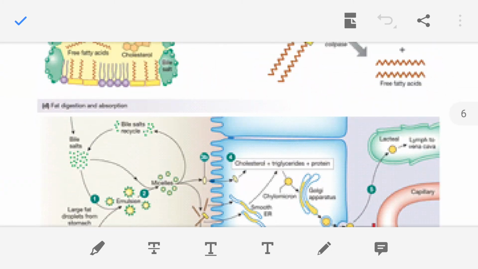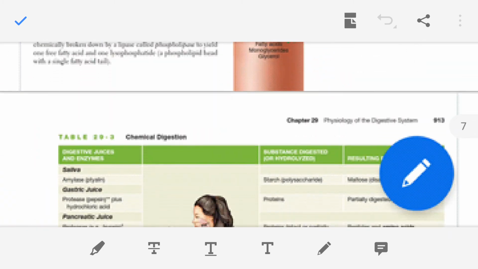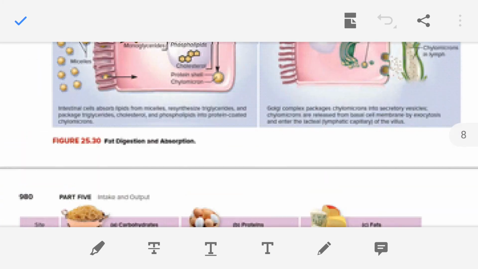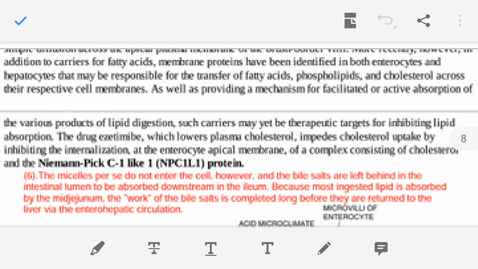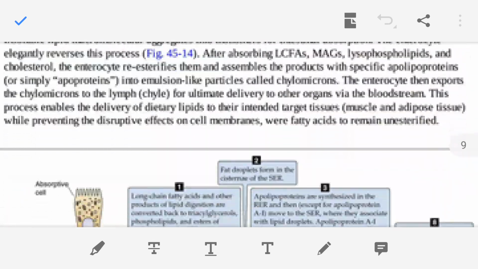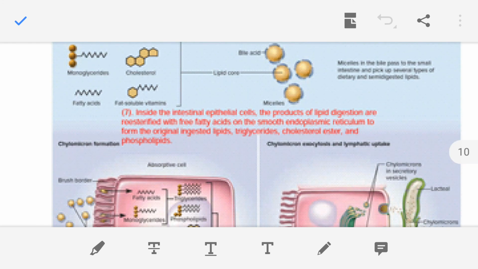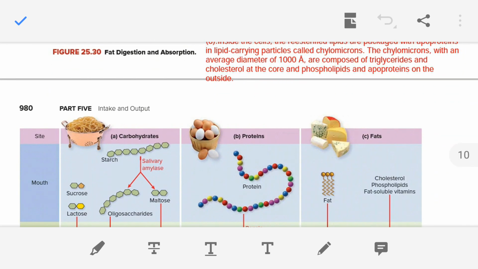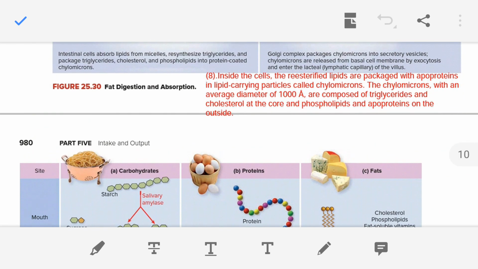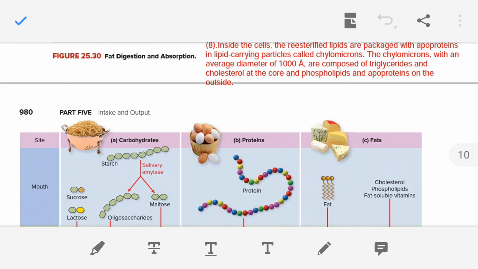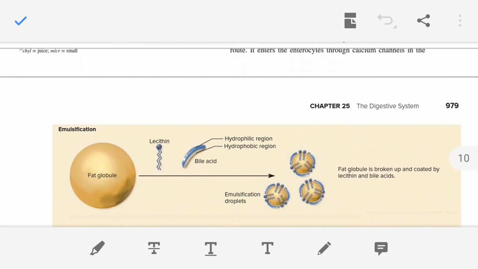So once again we are returning to the main discussion about the chylomicrons. Now what happens to this chylomicron? Where are these chylomicrons going? How are they leaving the enterocyte cell? That is the question.